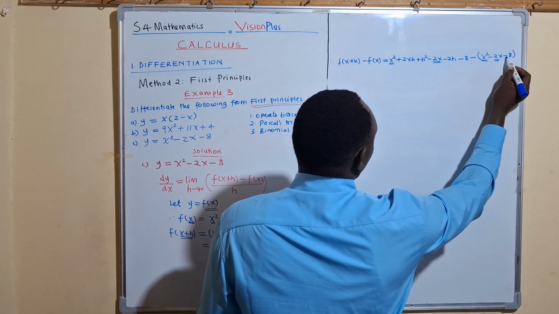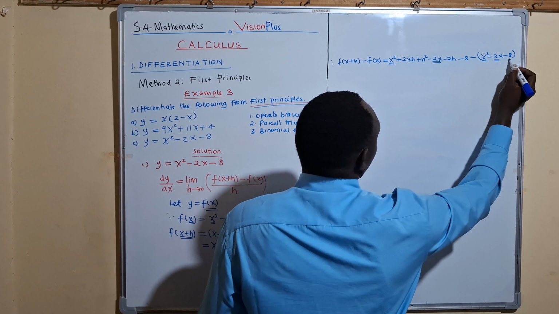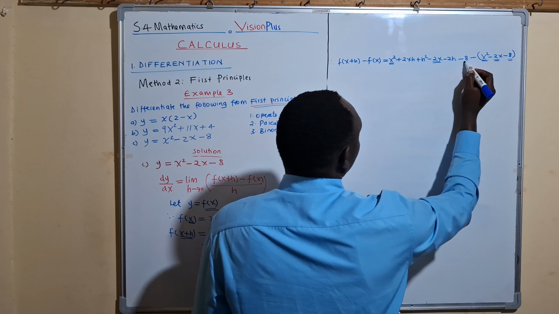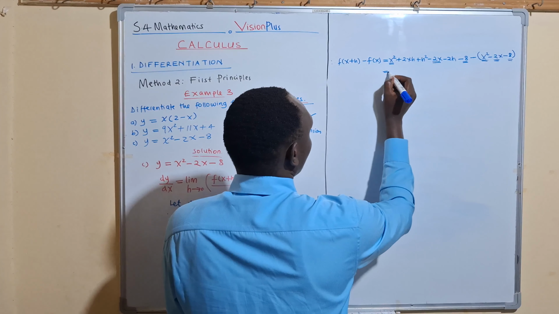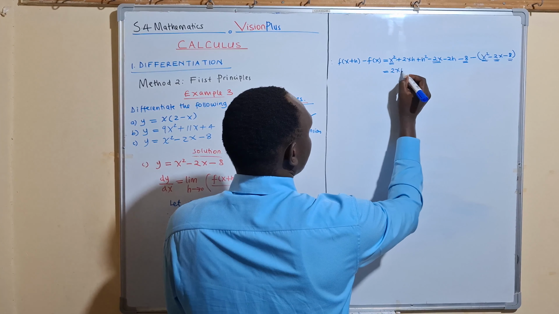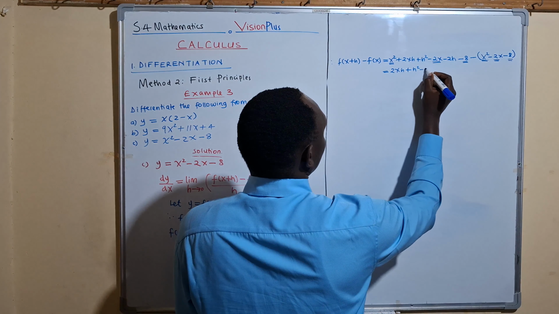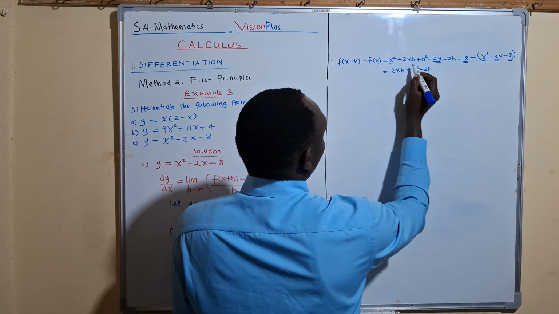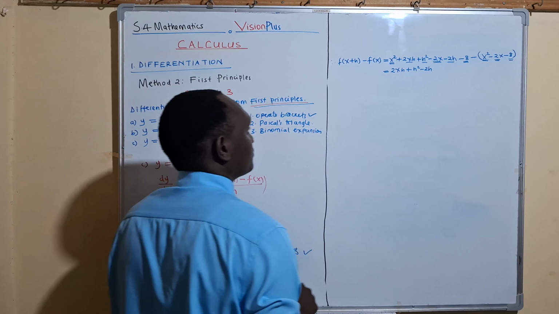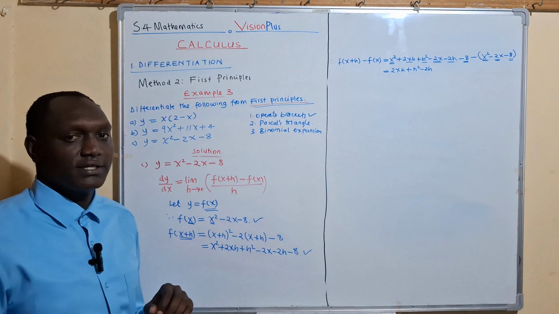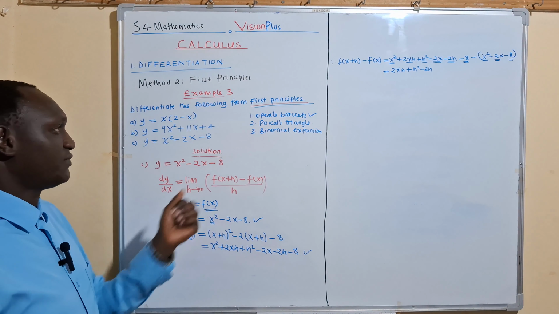Now this 8, which is negative here, will become positive because of the sign outside. So this positive 8 here will cancel with negative 8. So what are we left with? We are left with 2xh plus h squared minus 2h. That is the difference of the two functions, f of x plus h and f of x.